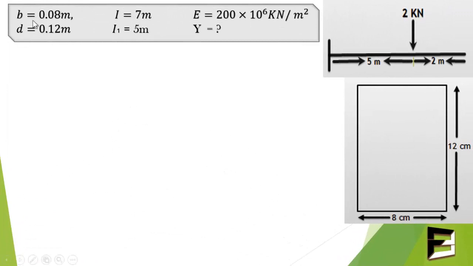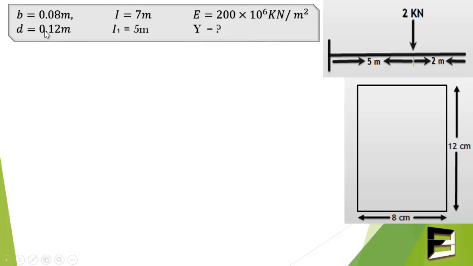Breadth of the beam is 0.08 meter, and the length of the beam, I mean the full span of the beam, is 7 meter. Modulus of elasticity E is 200 multiplied by 10 raised to the power 6 kilonewton per meter square.